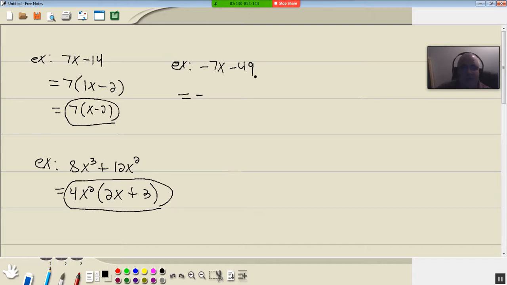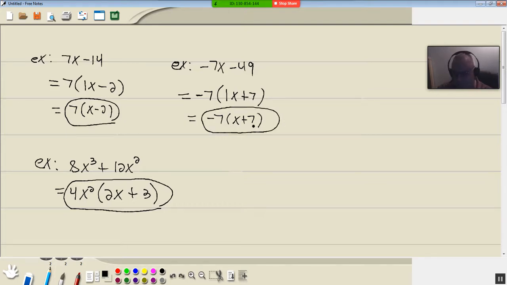Now the largest number that divides into both 7 and 49 is 7, so factor out a negative 7. Now remember, factor means to divide out, so negative 7 divided by negative 7 gives us a positive 1 with an x. Negative 49 divided by negative 7 gives us a positive 7, which then gives us negative 7 times x plus 7. And that's our answer.